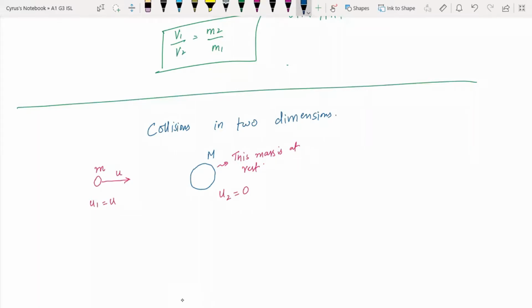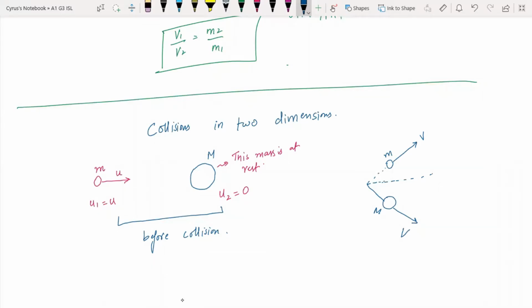And basically what is happening is that this is before collision. अभी collision नहीं हुई. Acha, ab kya hoga? They are going to collide with each other, right? And they're going to go like this. The small mass m goes at a velocity small v, and this capital mass, which is capital M, it goes with a velocity that is capital V, right?